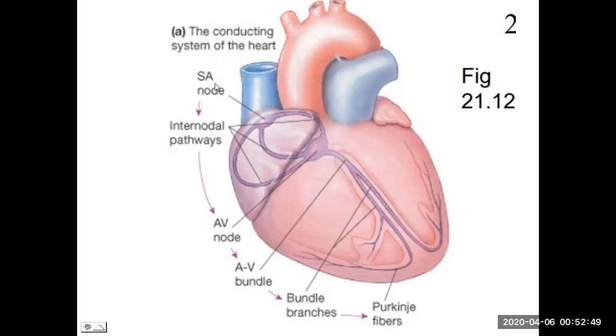And in this case, SA and AV are acceptable abbreviations. Same goes for the AV bundle, and it splits to, you notice there's a right and left bundle branch, and then terminating with the Purkinje fibers. So all of the conducting system just taken right from this illustration.